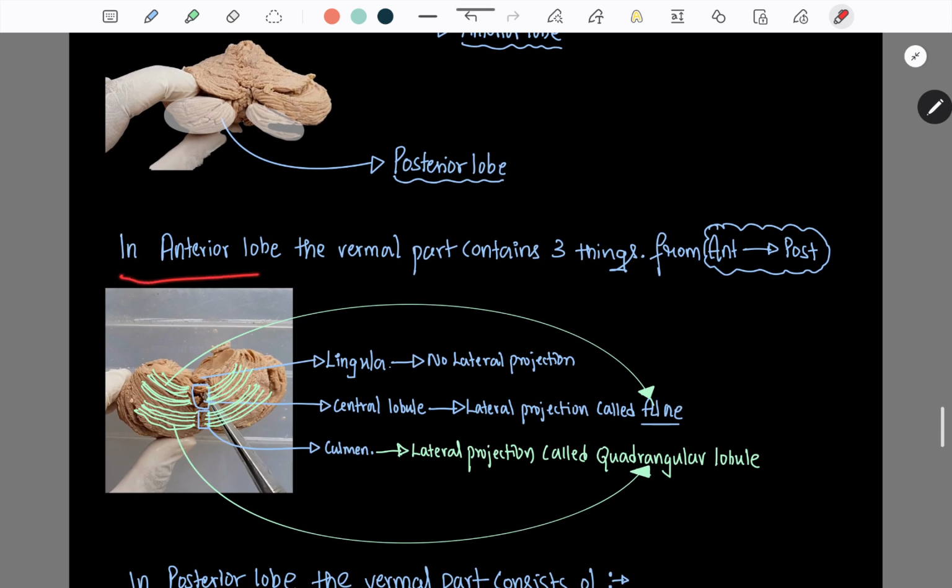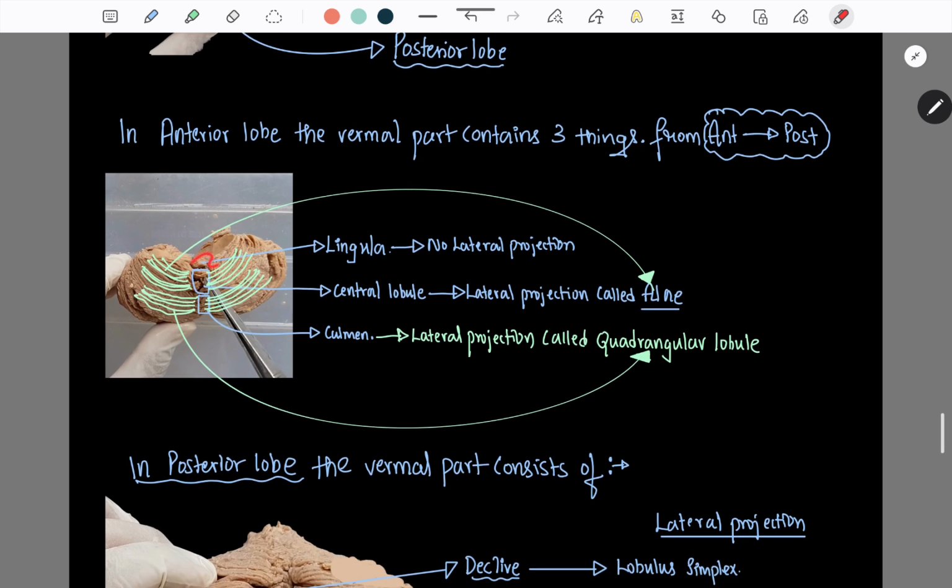In the anterior lobe, the vermal part contains three parts from anterior to posterior. This is what I said, the vermis, the worm-like structure.